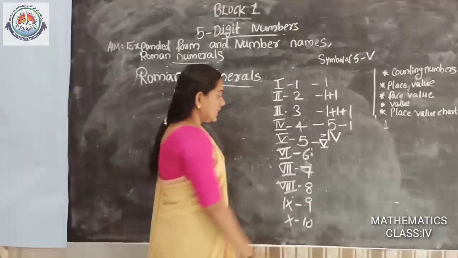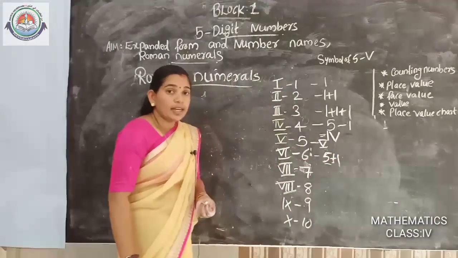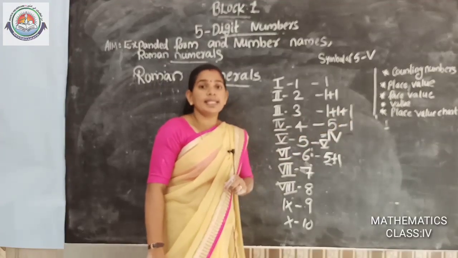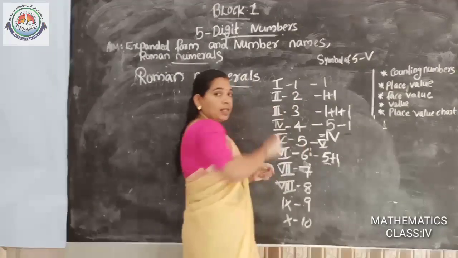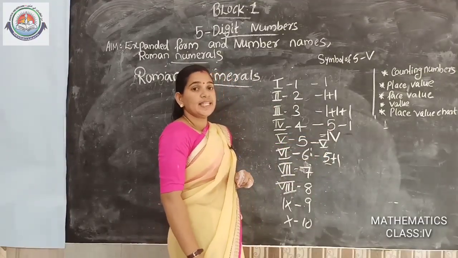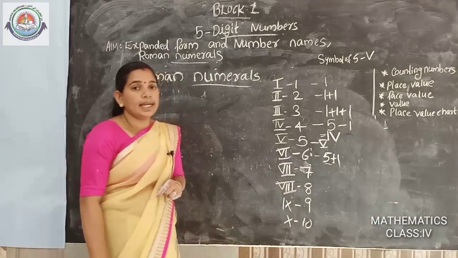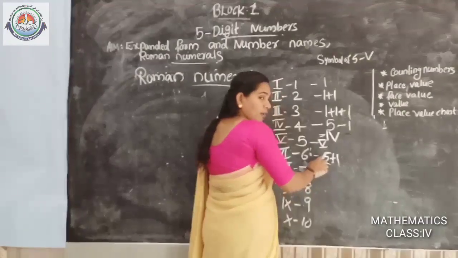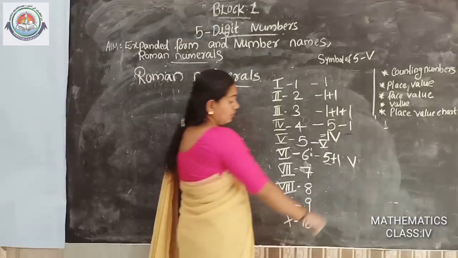The next, 6. 6, how do you write? 5. 6 we can write 5 plus 1. In the addition case we are writing the smallest number on the right side. In the subtraction case, we are writing the largest number on the right side. Addition case, we are writing the smallest number on the right side. So the symbol of 5 is this. Then symbol of 1 is 1.